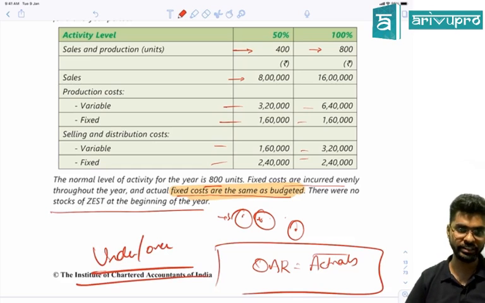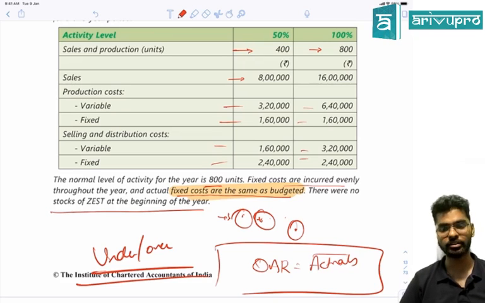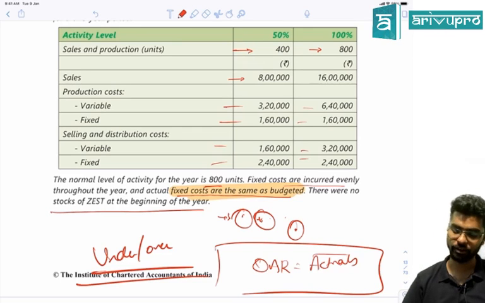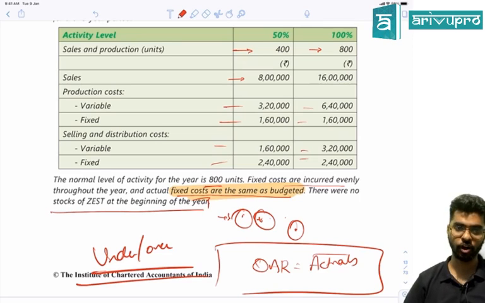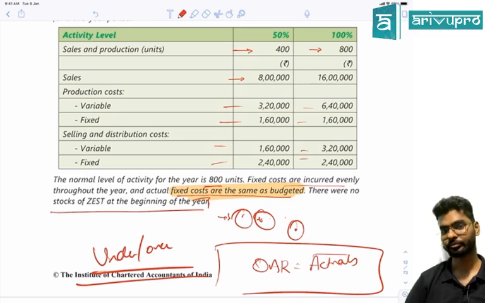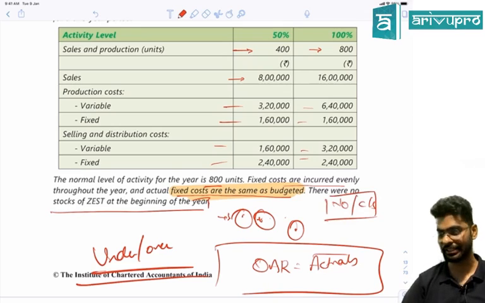Because the cost what you have incurred and what is spent is both the same. Second one, if there is no opening stock or closing stock, it is good for me. Why? Because there won't be any opening stock or closing stock, and what is that effect we'll see later.